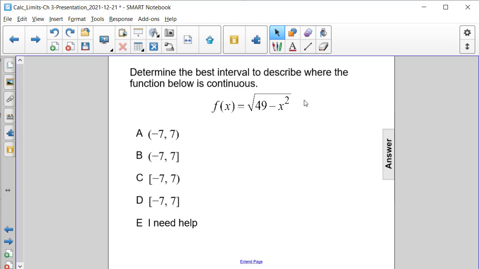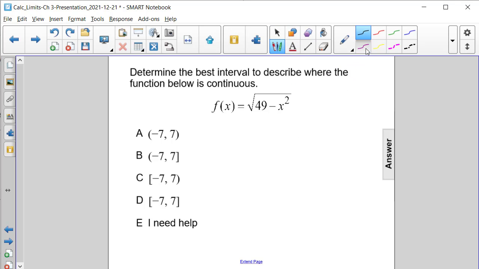Determine the best interval to describe where the function below is continuous. Our function of x is equal to the square root of the quantity 49 minus x squared, which is a semicircle, or the top half of a circle that is centered at the origin and has a radius of 7.